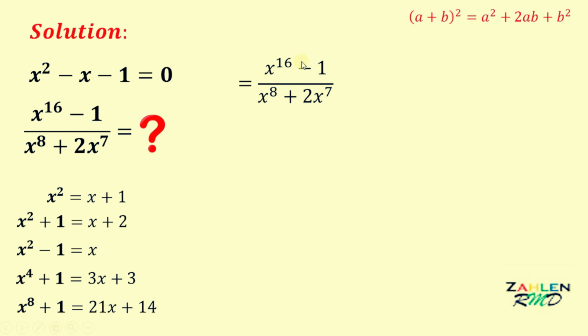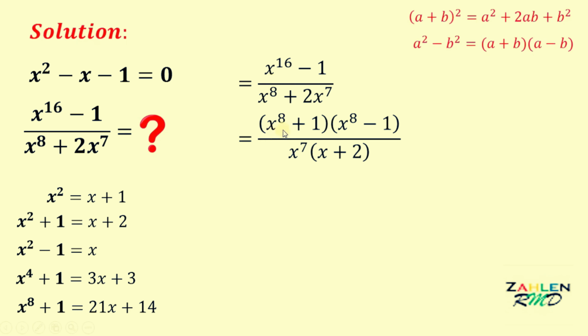So let's take x raised to 16 minus 1 all over x raised to 8 plus 2x raised to 7. On the numerator, we have a perfect square minus another perfect square, so we can use the difference of two squares: a squared minus b squared equals a plus b multiplied by a minus b. Therefore, we can factor the numerator as x raised to 8 plus 1 multiplied by x raised to 8 minus 1.